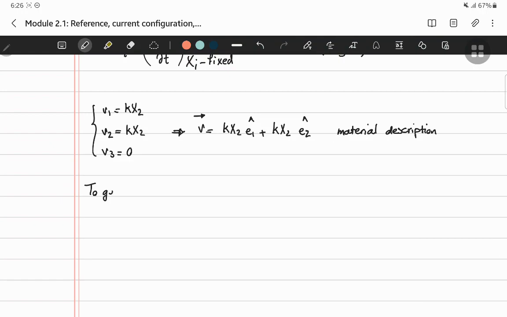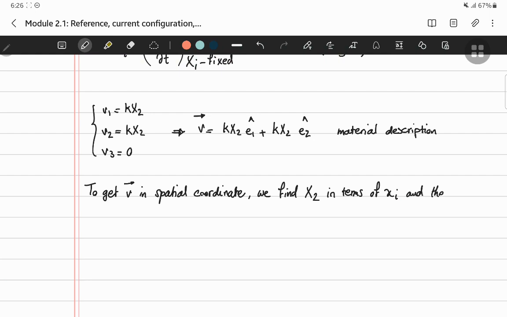So to get v in spatial coordinates, we find capital X2 in terms of small xi's, for example x1, x2, x3, we have to find it.